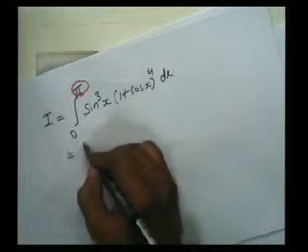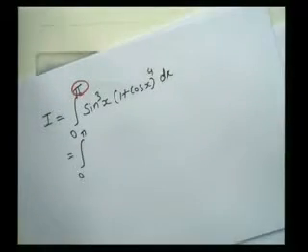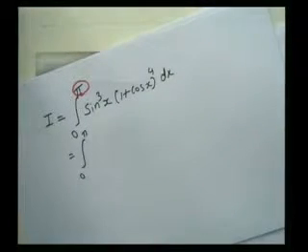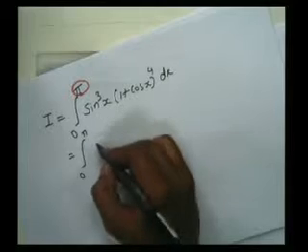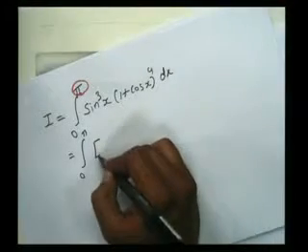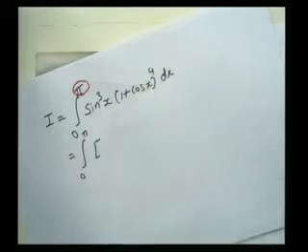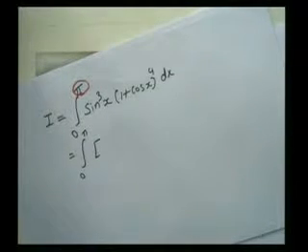So we develop the integration in such a way that we get the standard integration 0 to pi by 2. For this we use some trigonometric results. As we know, sin 2 theta equal to 2 sin theta into cos theta.